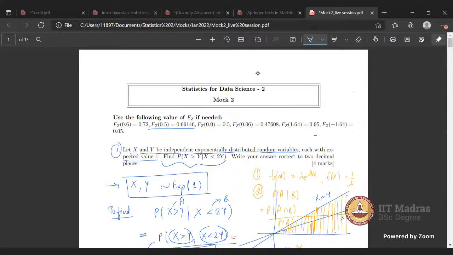If you knew that the function, let's say Y equals g of X, is monotonic in the support of X, then we have a standard method that you know, given by f_Y of y equals f_X of g inverse of y, divided by the modulus of g dash of g inverse of y. This is a standard formula that you know, right? But if it is not known to you, you will have to go through the usual method.